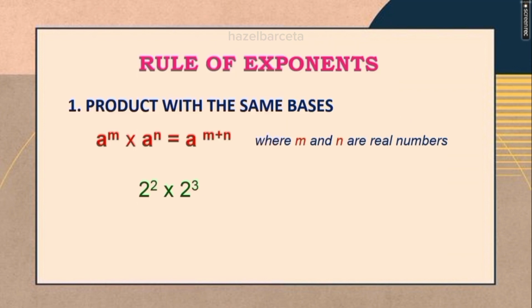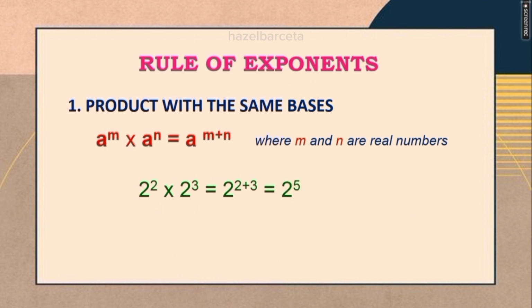So, going back to product with the same bases. Example, 2 raised to 2 or 2 squared times 2 cubed is equal to 2. Kukopyahin po natin ang ating base at ipag-plus natin or i-add natin ang ating exponent. 2 plus 3 is equal to 5.